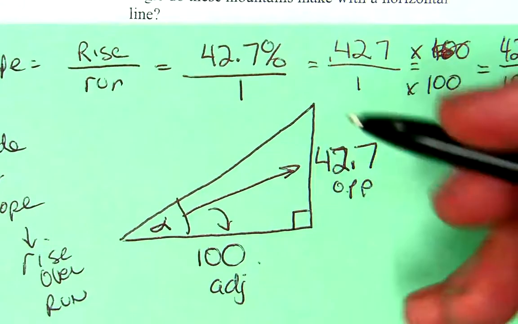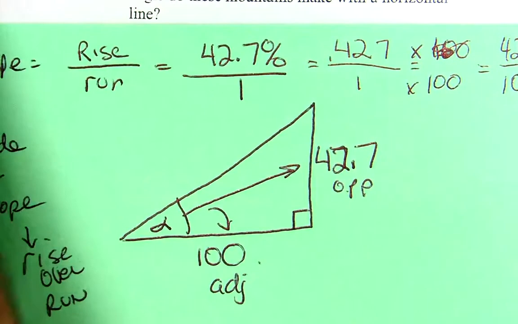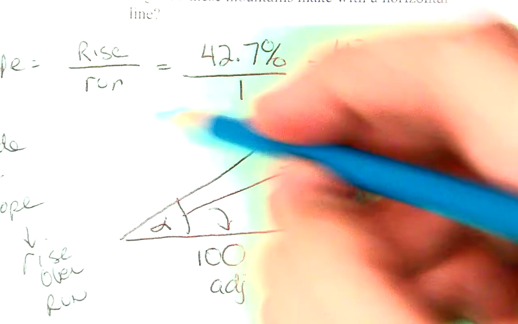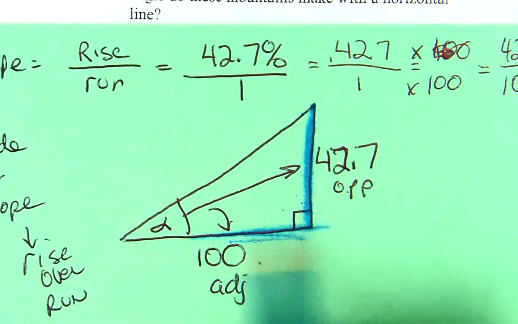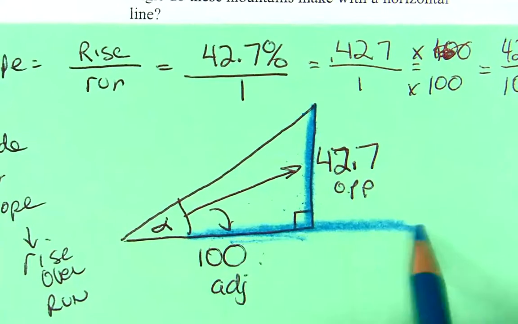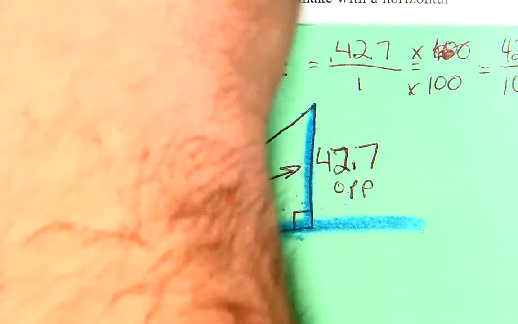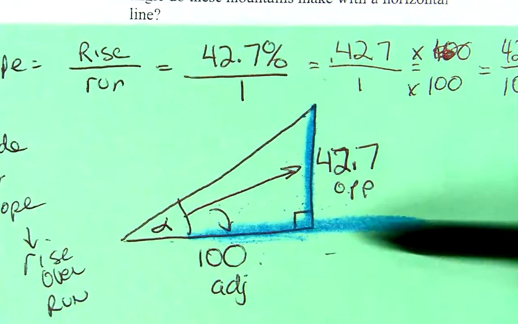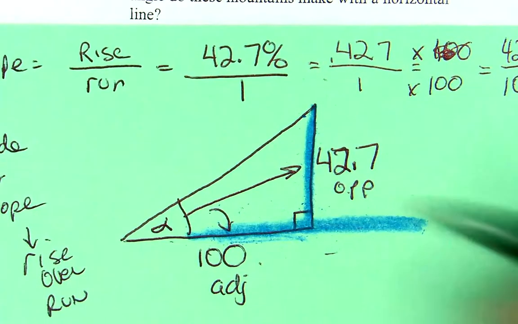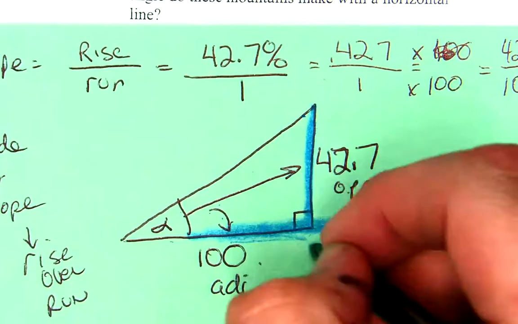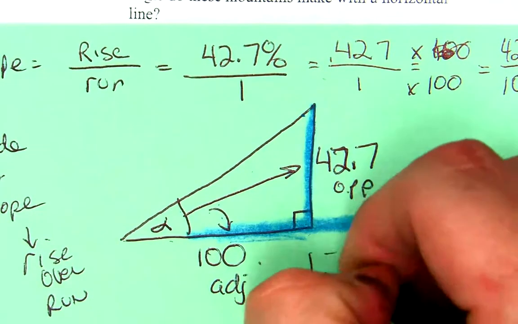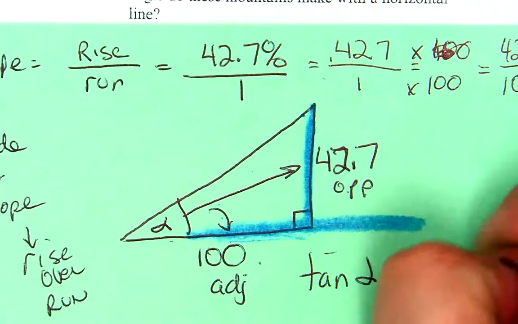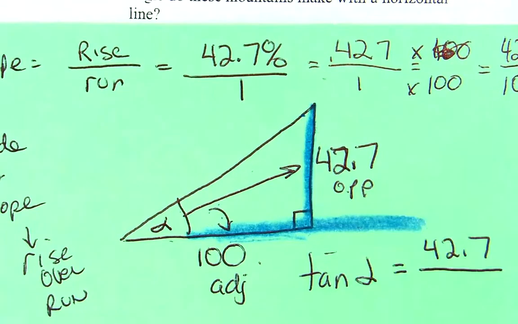Another thing you could think of is the part of the triangle that forms a T. That's one part of the T, that's the other part of the T. Whenever you have those two parts only, the T, tangent, we're good to go. So tangent of alpha is going to be equal to 42.7 divided by 100.